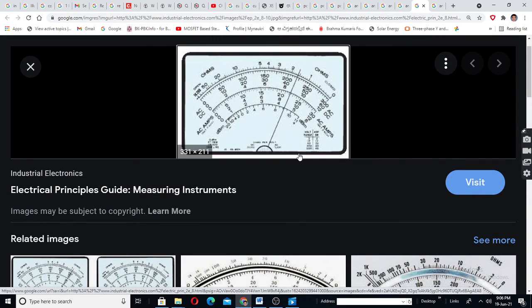If you select the 12 volt range and see the 12 volt scale, this is now 8, this is 10, so this will be around 8.8. But in the 30 scale, this is 20, 25, so the reading will be around 21, 21.5, 22.